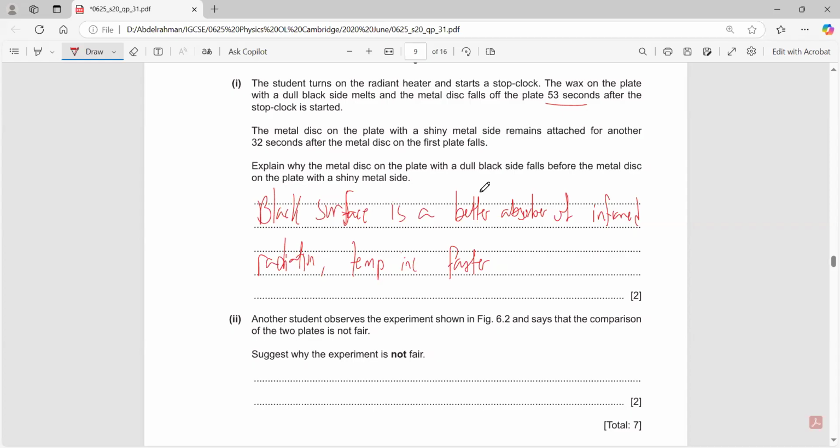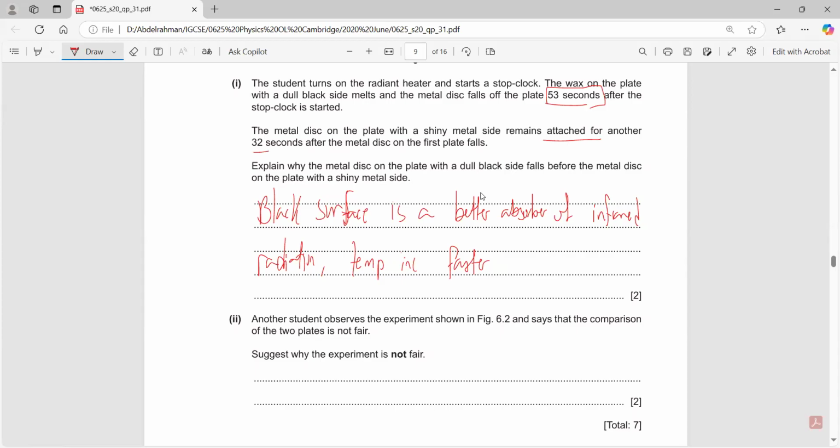He just wants to know why the wax on the black surfaced metal plate melted faster. The wax on the black plate melted after 53 seconds, and the white surface remained attached for another 32 seconds before it melted off. Why is that so? Because black surfaces are better absorbers of infrared radiation. That's why the temperature increases faster.